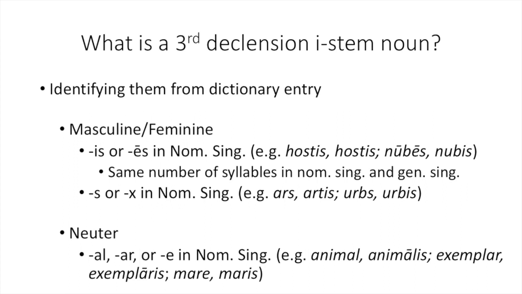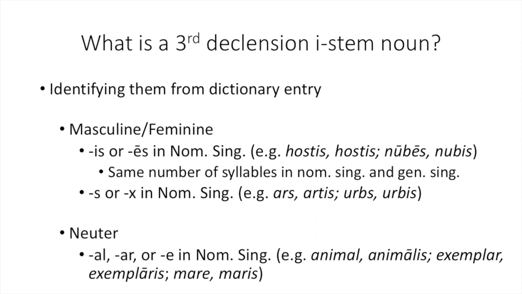For masculine and feminine third declension nouns, if the nominative singular ends in is or es, like hostis or nubes, and the nominative singular and genitive singular forms have the same number of syllables, so hostis and hostis, nubes and nubis, then they're I-stem nouns.